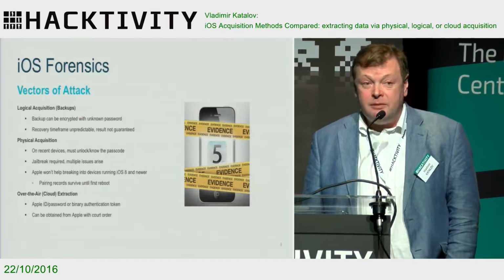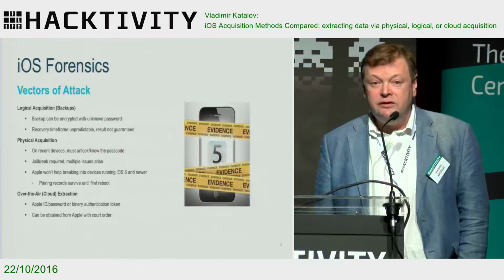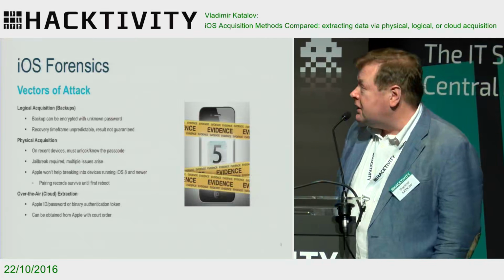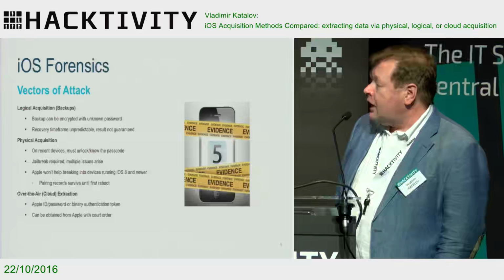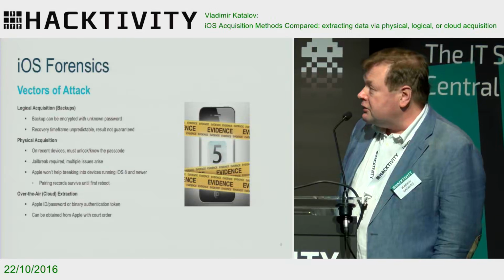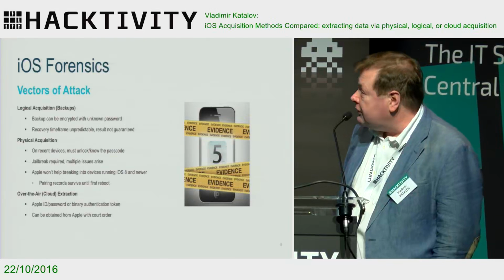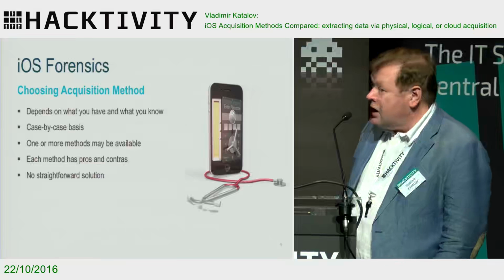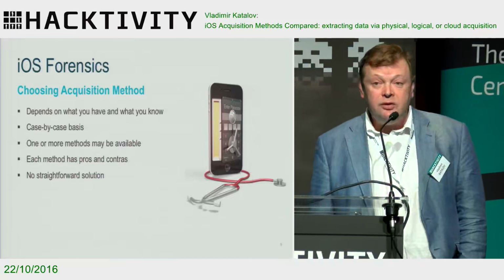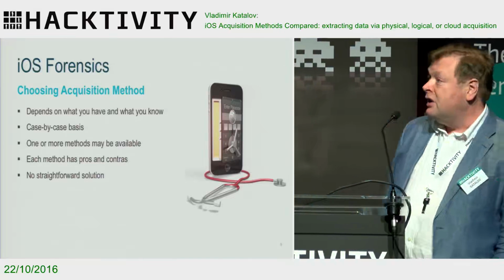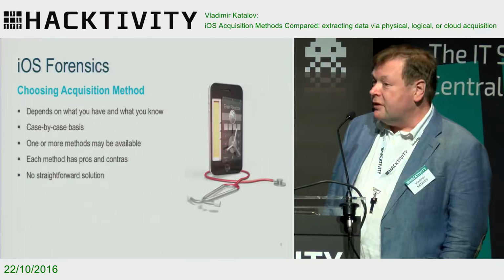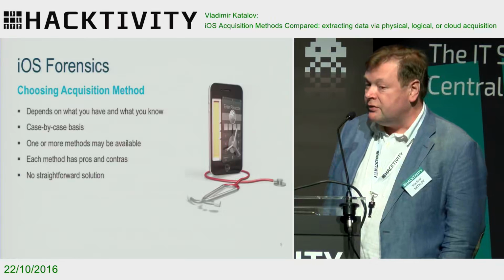That's basically backups created in iCloud, or some information that can be synced between the device and Apple iCloud. And even if iCloud backups are disabled, the iPhone still syncs a lot of information between the device and the Apple Cloud. Every one of those methods has its own pros and cons, and they're not always applicable, and there is no single answer to the question of which method you have to select to get all the information from the iPhone.